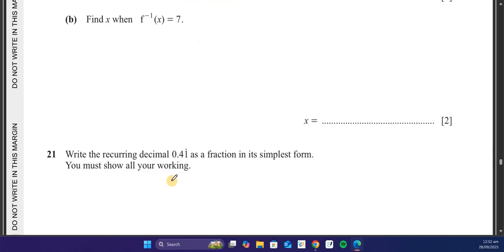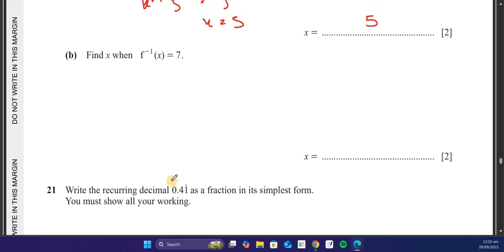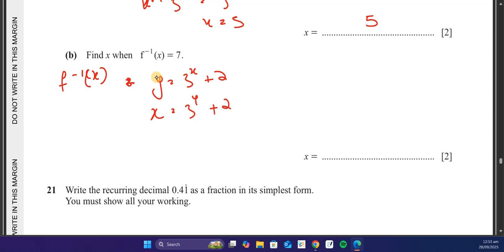And we could just equate the powers, so x is equal to 5, and that is our final answer. Now, find x when f inverse of x is equal to 7. So y is equal to 3^x plus 2. We could just swap x and y, and then bring it to the other side. x minus 2 is equal to 3^y, and we could take log on both sides to bring the y down.